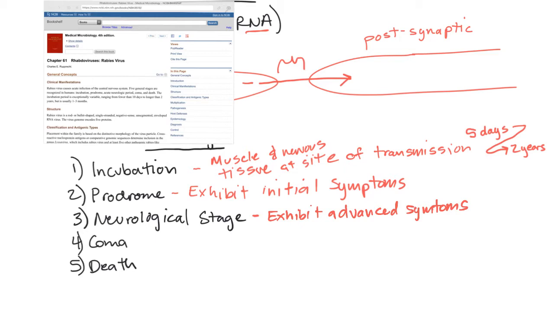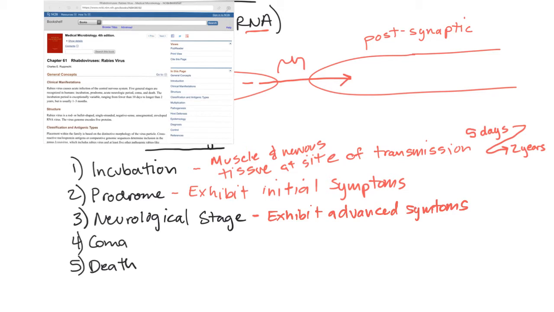And it's more than likely that you'll be able to beat it. How soon do you need to go to the doctor once you get bit? Immediately. If you go the next day? The quicker the better, but probably the next day you'll still be fine, because it takes 5 days to 2 years to incubate.